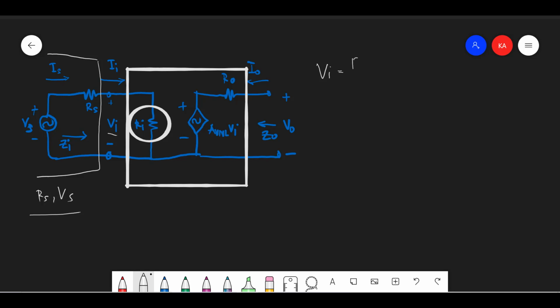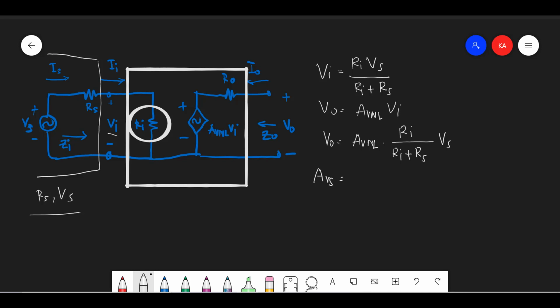So Vi is equal to Ri Vs per Ri plus Rs. We remember that the output Vo is AVnl times Vi, and Vi is given here, so Vo is AVnl times Ri per Ri plus Rs times Vs. AVS is the gain if we connect the source voltage and source resistance.